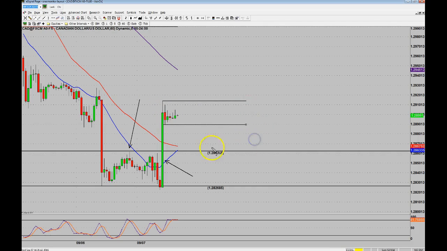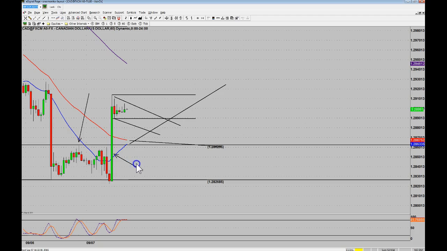Or maybe we'll even end up flagging. I don't know. If we flag, it will look something like this. Okay, there will be some small drop, but please notice that the red is going to end up fanning out like that. The blue is going to end up going this way, no matter what. And I'll take that flag if that's how it's going to happen. We want to get long.